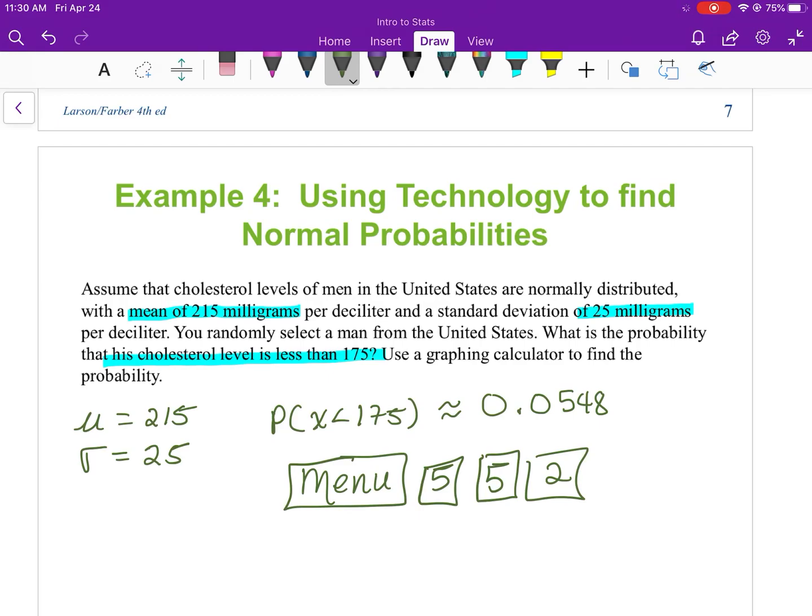And I'm going to try that one more time. I deleted something on my calculator and my answer went away, so I just wanted to check that. Yep, there you go. So that's how you would take care of that in your calculator.